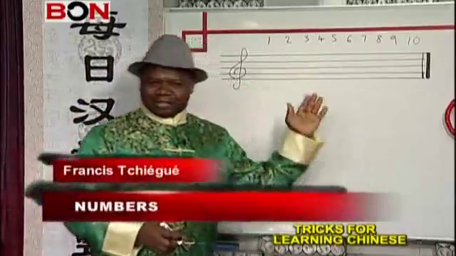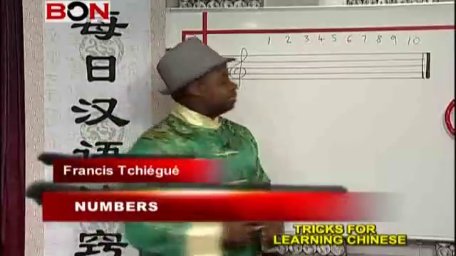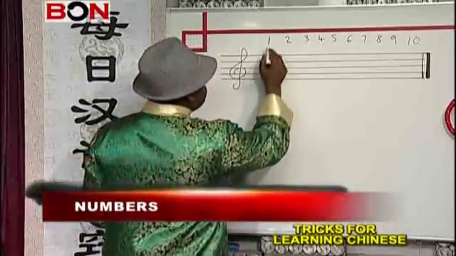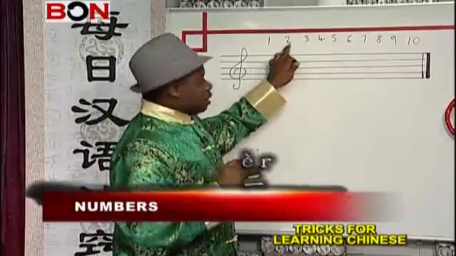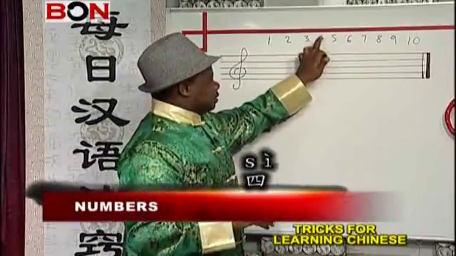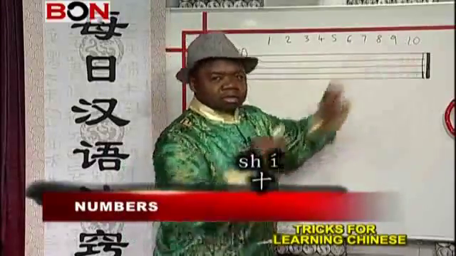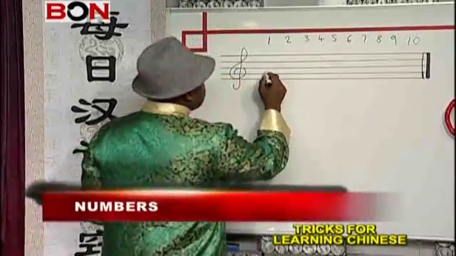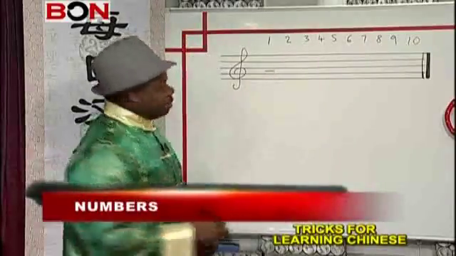So this is our scale. Let's put the numbers inside the way they sound musically. You remember all of them? 1, 2, 3, 4, 5, 6, 7, 8, 9, 10. So, 1, simple.